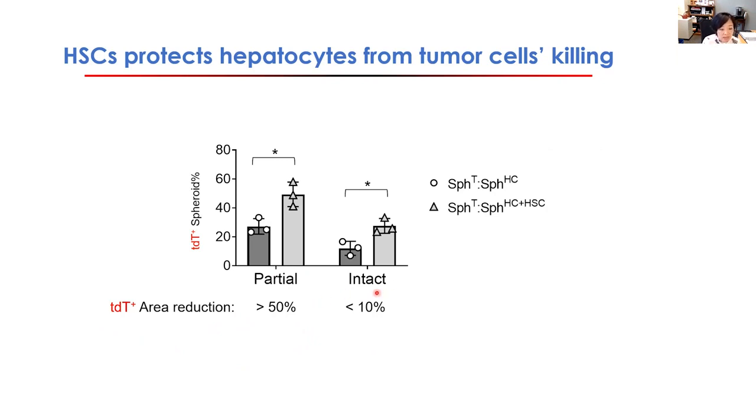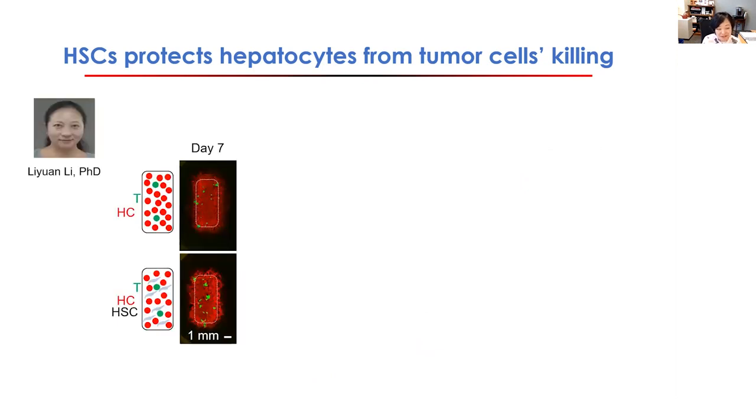For both types of normal spheroids, we can see that there are more in the co-culture condition with the tumor and the mixed hepatocyte and stellate cell spheroids compared to the hepatocyte-only spheroids.